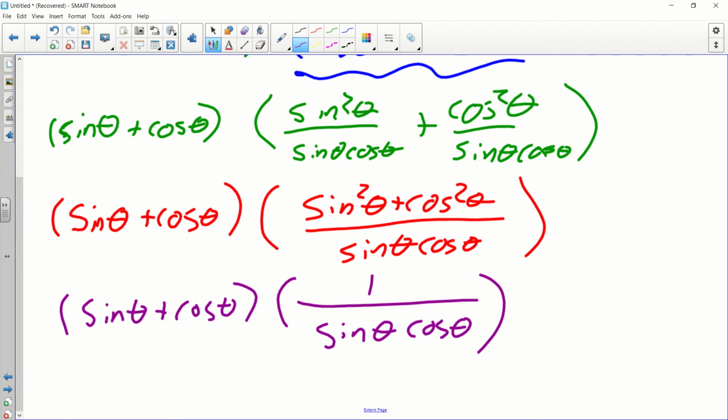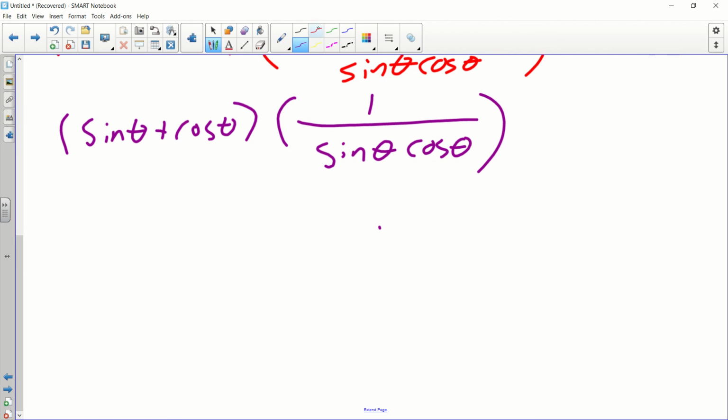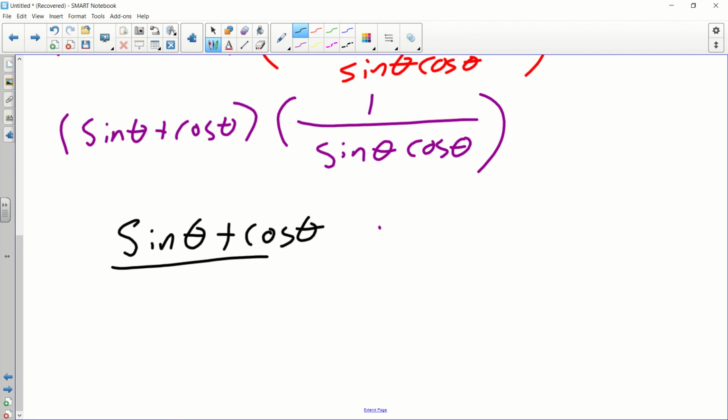So now I can multiply these two together. Now I cannot cross things out because I have addition in the numerator.